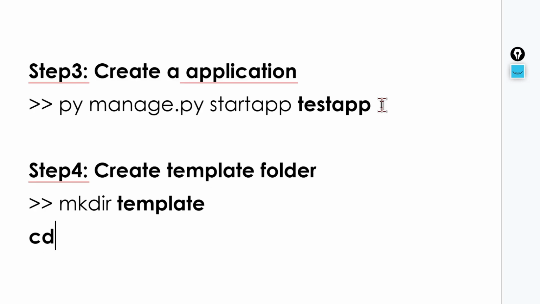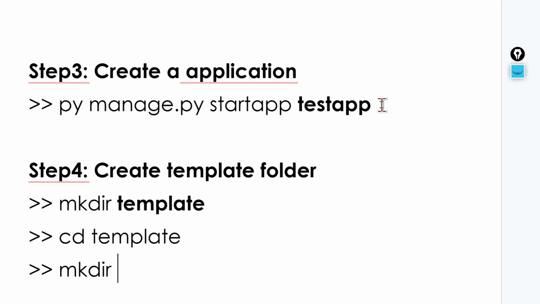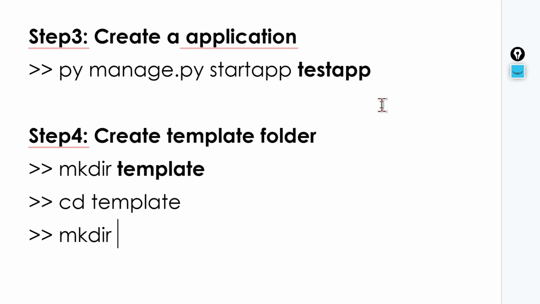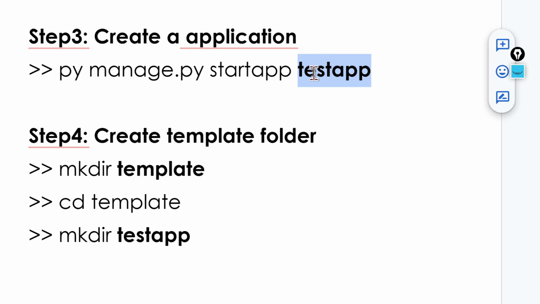After that, cd template, go inside the template, and inside it create one more folder with mkdir test app, because our application name is test app.